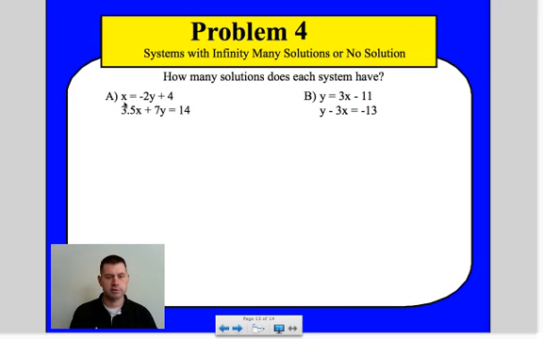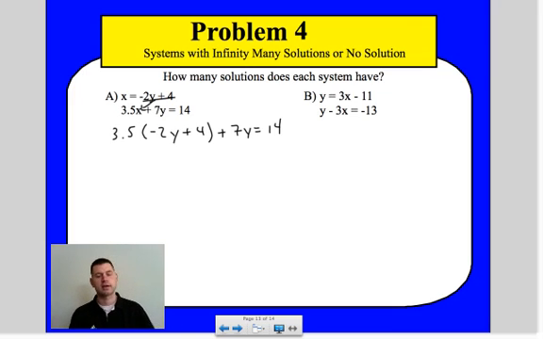In this case, we already have x solved, so we're going to go right to 3.5 minus 2y, plus 4 times, and then plus 7y equals 14. We knew what x was equal to, so we substitute that into x. We take 3.5 times 2, we get 7y, negative 7y because it was negative.